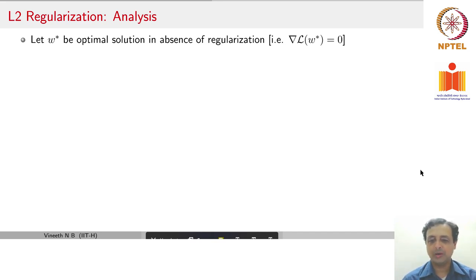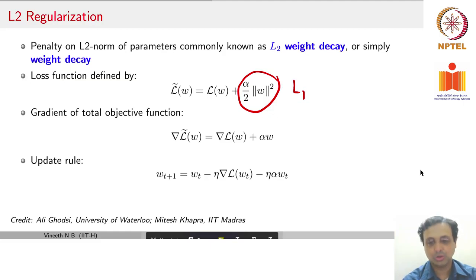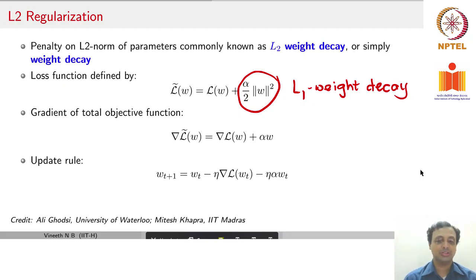Let me add one point here that you could also minimize other norms of W in this term. You could have L1 weight decay, which is also a common approach, which enforces sparsity in weights in the neural network. By sparsity, we mean many of the weights in the neural network will be forced to go to 0.